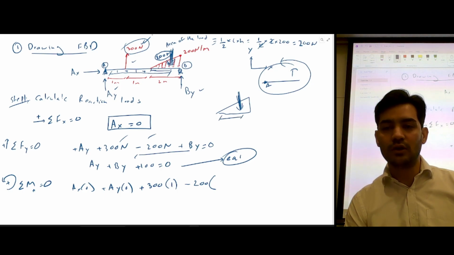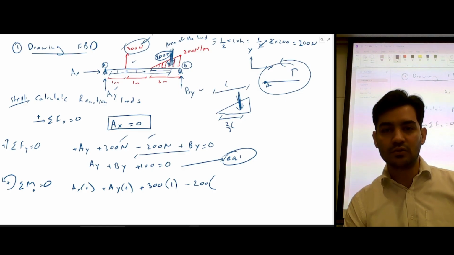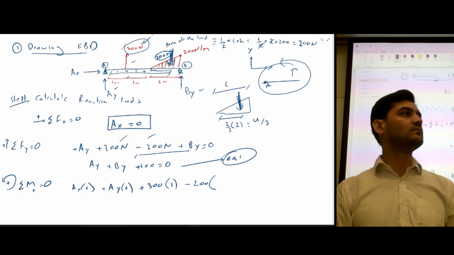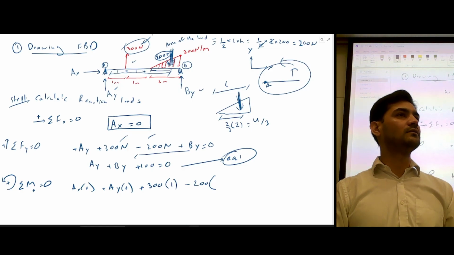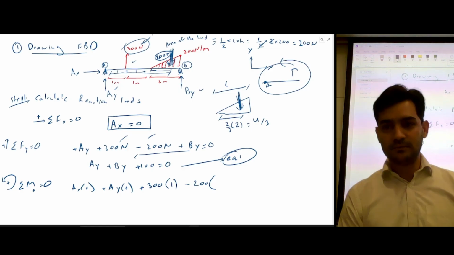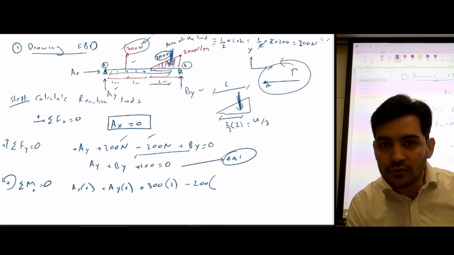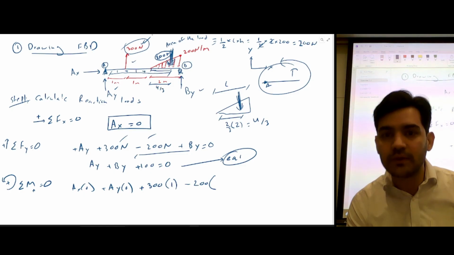This distance is 2 by 3 of the total length, and the total length in our case is 2, so this distance is 4 by 3. Is it okay? So this is 1 meter, this is 1 meter, and the distance where the force is acting is 4 by 3.